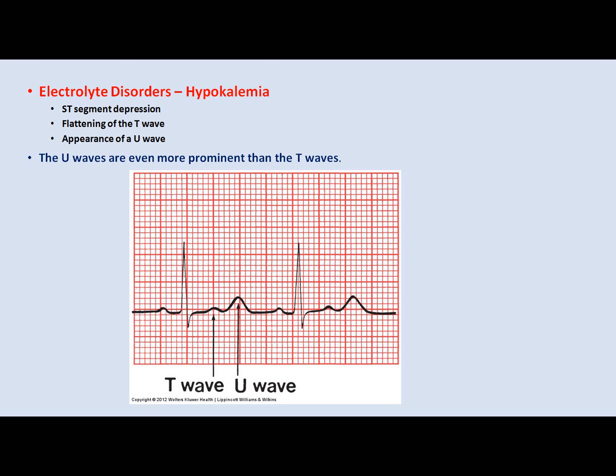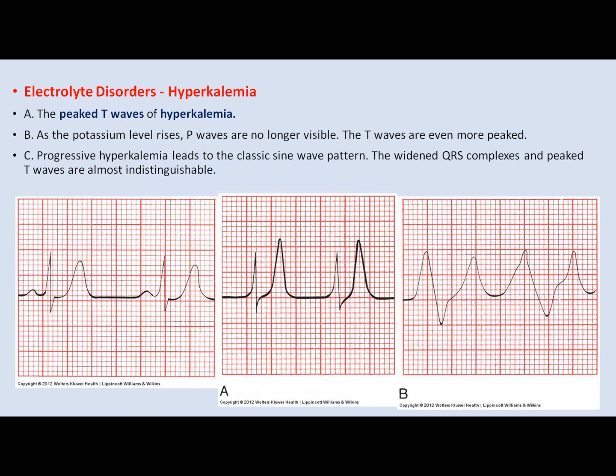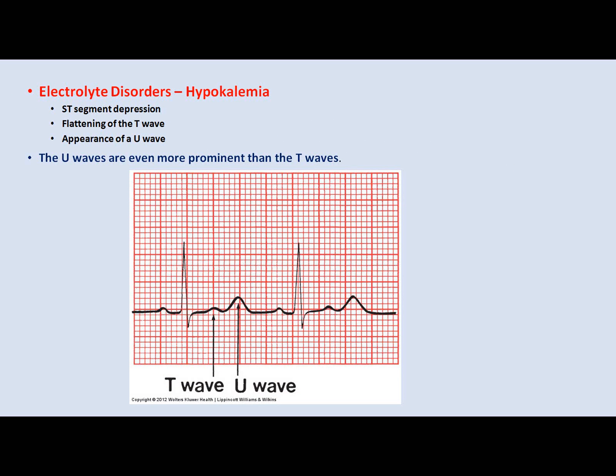And with hypokalemia, there's an extra wave called a U wave. So these are the things I'm not expecting you to remember, but just get exposed to this now. Hyperkalemia, peaked T waves. Hypokalemia, along with the T wave, another wave forms called a U wave.